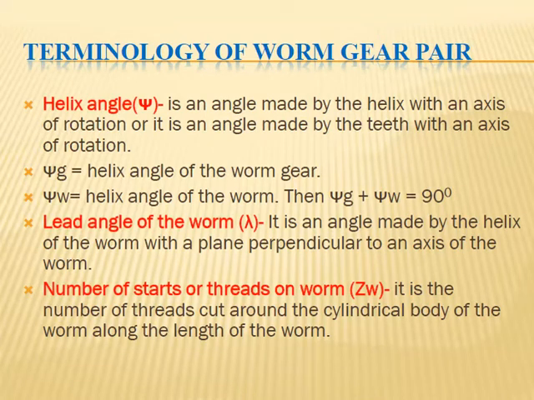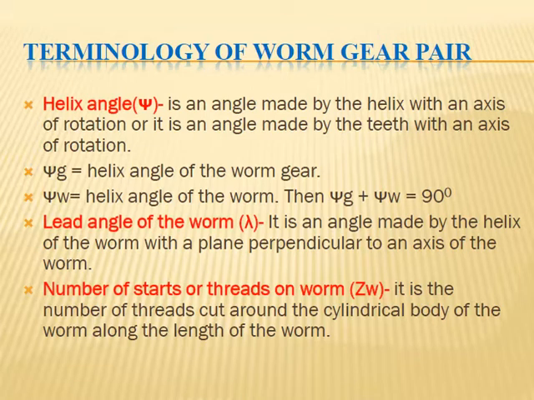While selecting ZW, keep in mind that if the speed reduction ratio is below 7, ZW should be 6. If the reduction ratio is between 7 and 15, then ZW should be 4. If the reduction ratio is between 15 and 30, then ZW is 2.